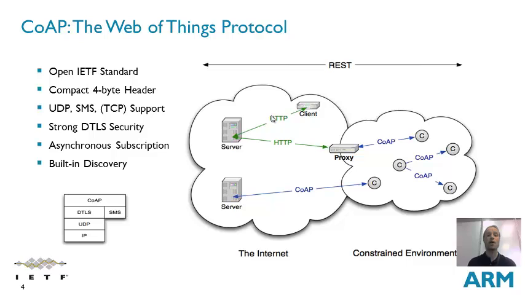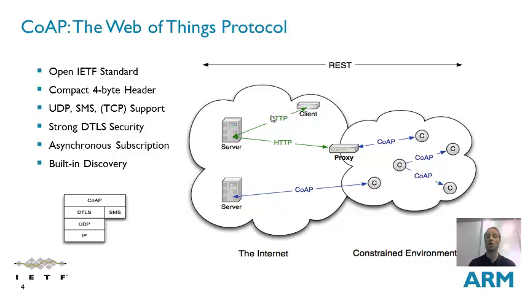Some of the features of CoAP include a very compact 4-byte header. Typical bindings are to UDP. We also see bindings to SMS over cellular networks and even over TCP. CoAP includes strong security built into the protocol using DTLS. And unlike HTTP, the protocol is completely asynchronous thanks to the use of UDP.